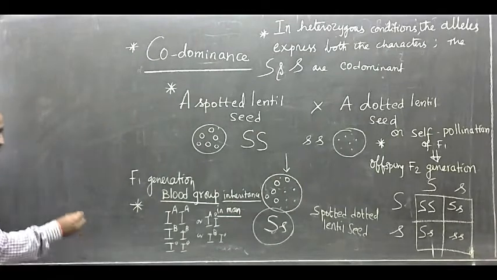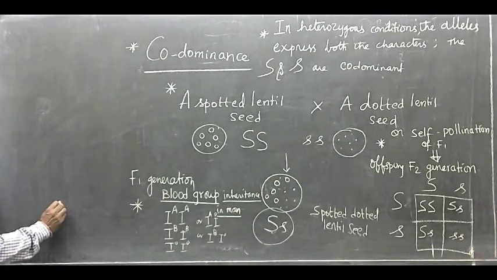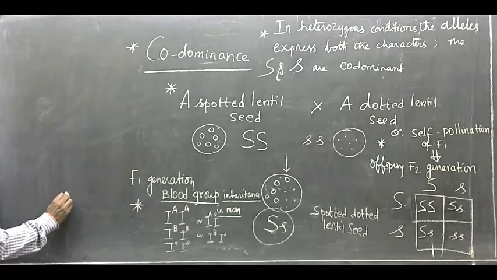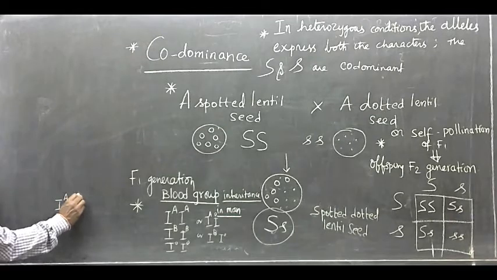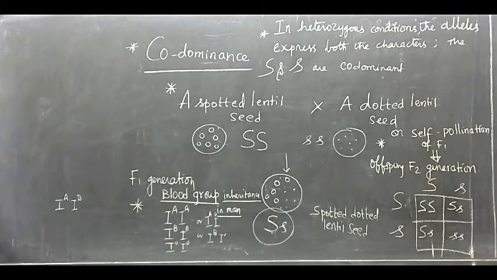Now the fourth case in human being is the person with the blood group AB, who has IA IB. So what is our understanding from this?